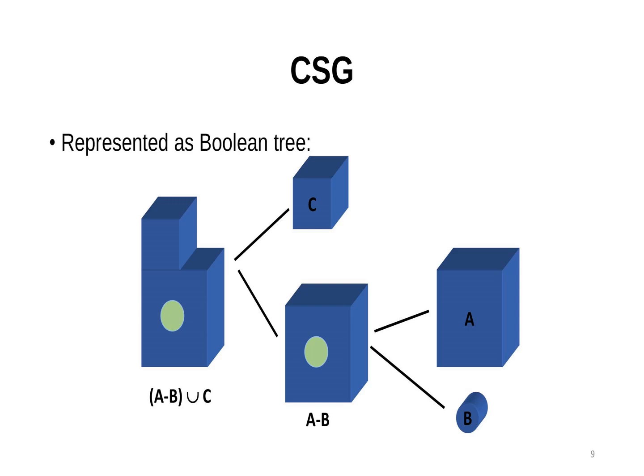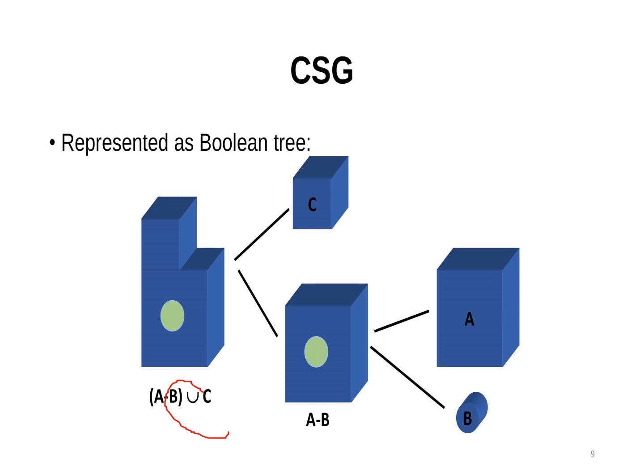So it starts with A, dan kita subtractkan dia, and then we union the result with C, and the tree shows the flow from individual primitives A, B, C through operations to the final shape.